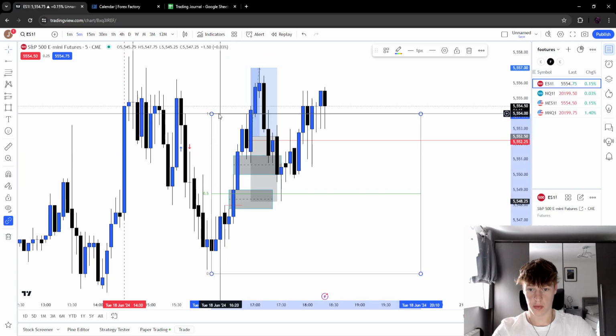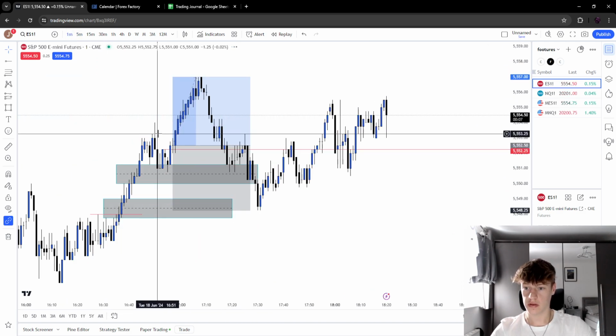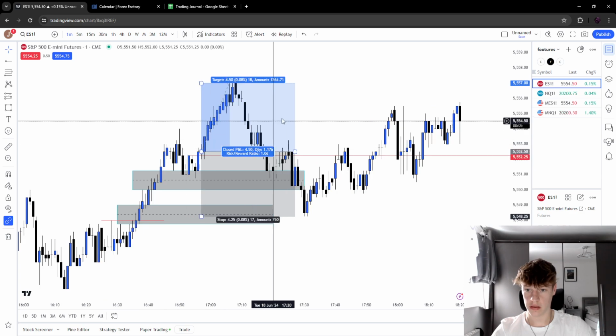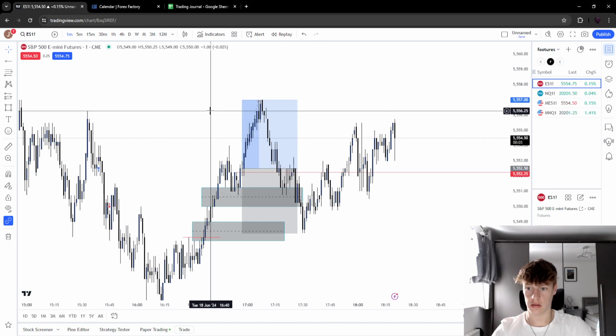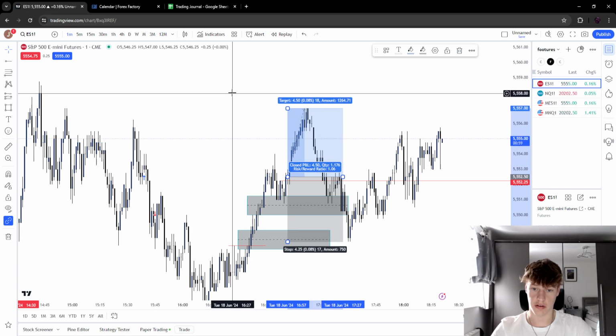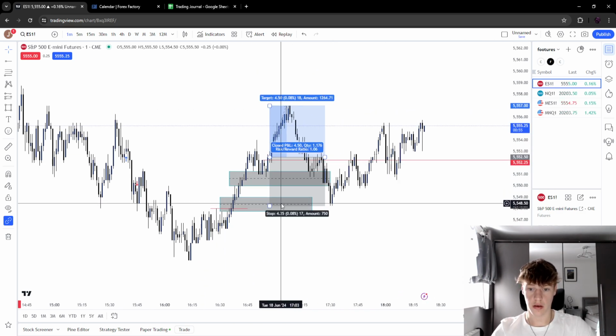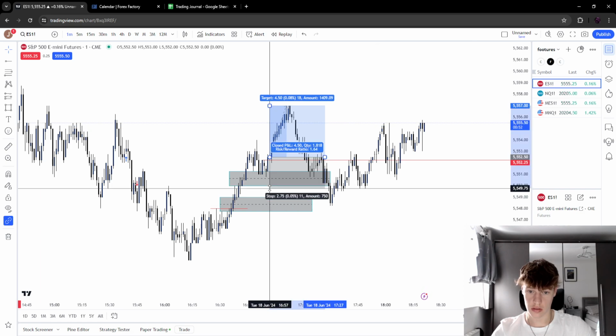Got an equilibrium imbalance came in, filled it. Enter off the 1-minute break there, targeting those highs for a 1 to 1.06. And that would have won if we'd entered, but we didn't enter. We could have had tighter stops either way.